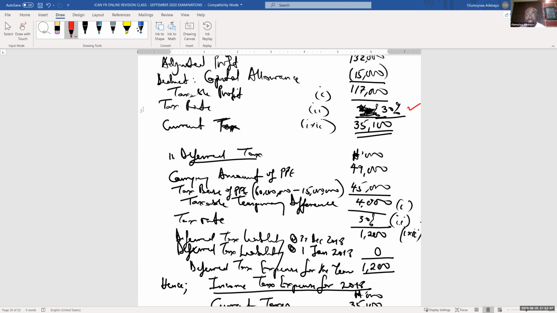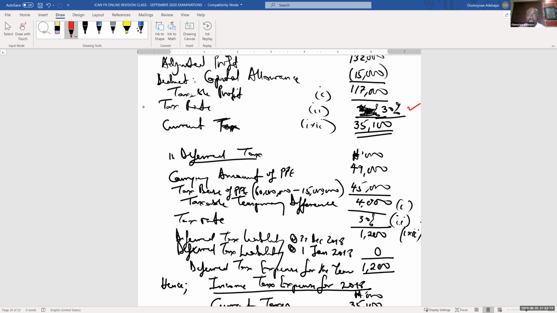Again, to determine deferred tax expense or credit, we need to compare the deferred tax liability at the end of the year with the beginning of the year. This question is similar in all respects to the one we saw before, which says the company was incorporated on January 1st, 2018. That is what gave rise to us recognizing this 0.